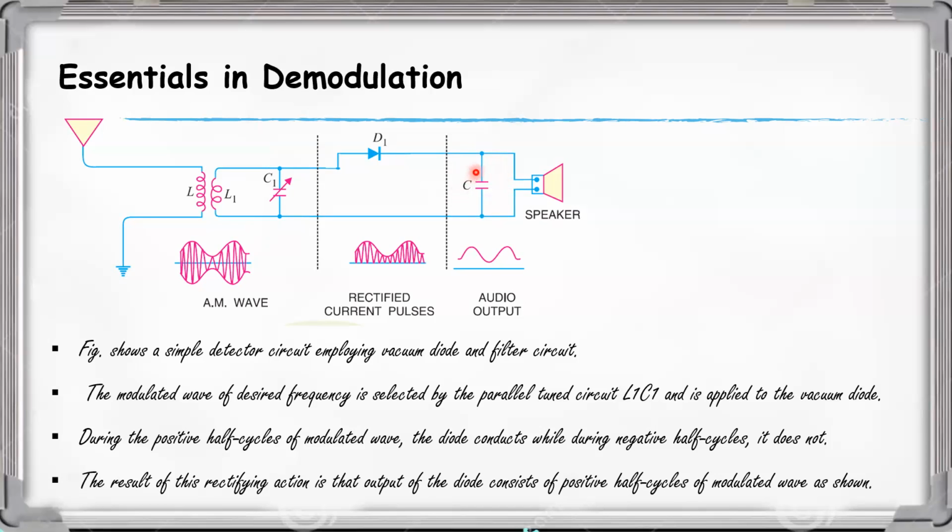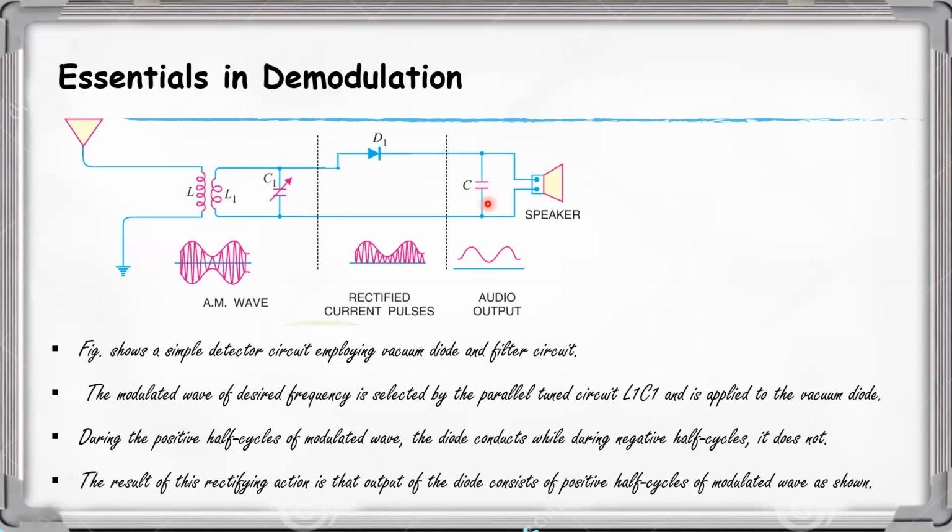We know that a capacitor has a reactance of 1 by omega C. When the frequency is very high, its reactance must be very low.